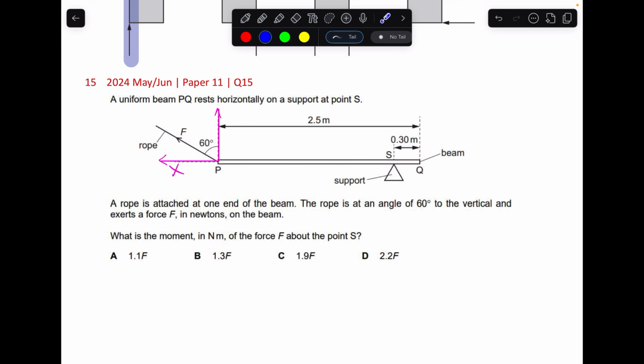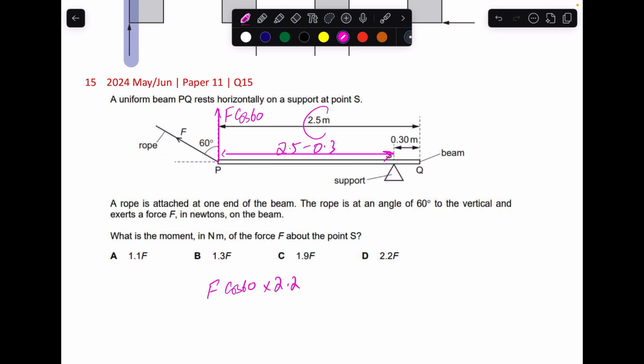So we are only interested in this component, which will be F cos 60. The force will be F cos 60, and the distance we have to take is this distance, 2.5 minus 0.3, so it will be 2.2. When we multiply them, cos 60 multiplied by 2.2 is 1.1, and F will be there. It's option A.